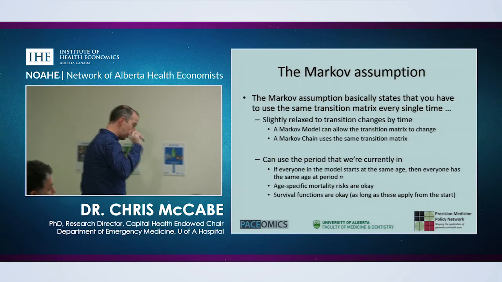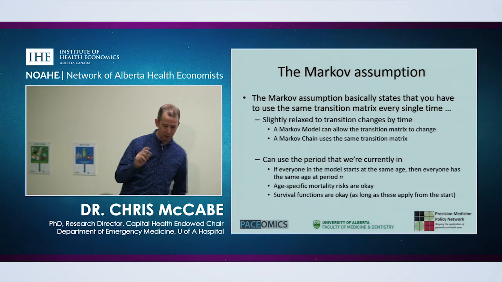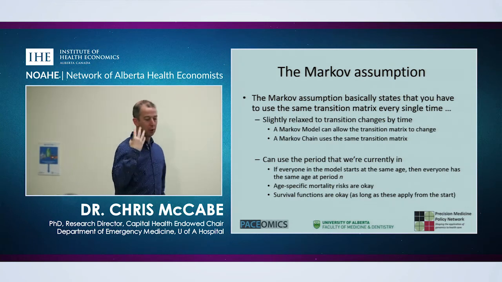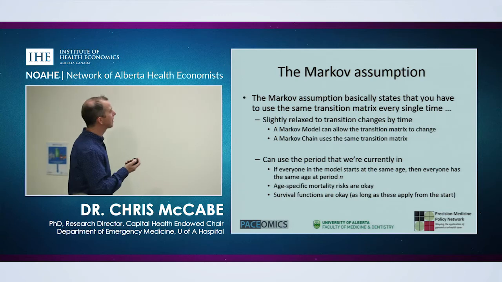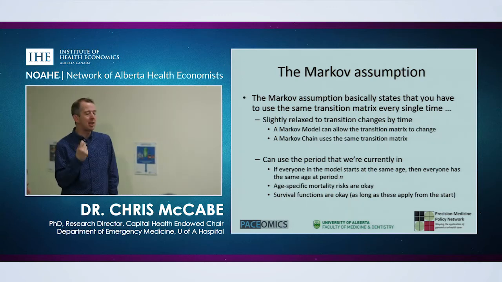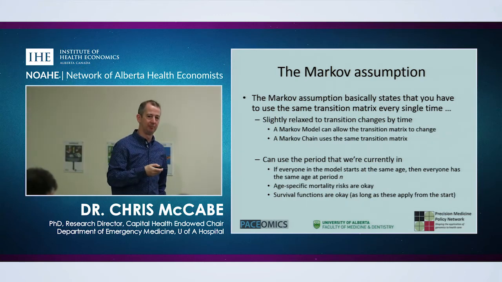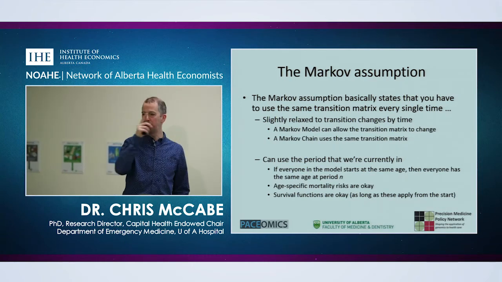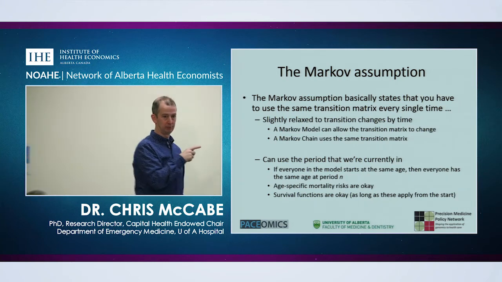Now, an important thing to know about Markov models is they make an assumption, okay? It's the Markovian assumption, or the no memory assumption. Basically, it states that you use the same transition matrix every time. So if you are in a state, your probability of moving to another state is the same irrespective of where you were before.